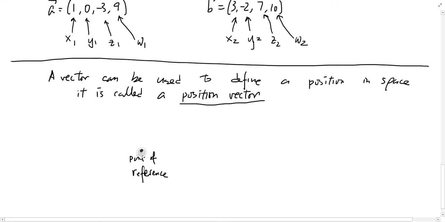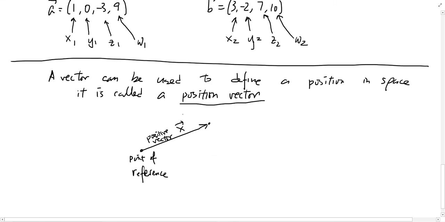So how does a position vector work? Let's say I define this position vector. So here's my position vector, and we'll call this position vector x. And we'll define this point as the end of the position vector.